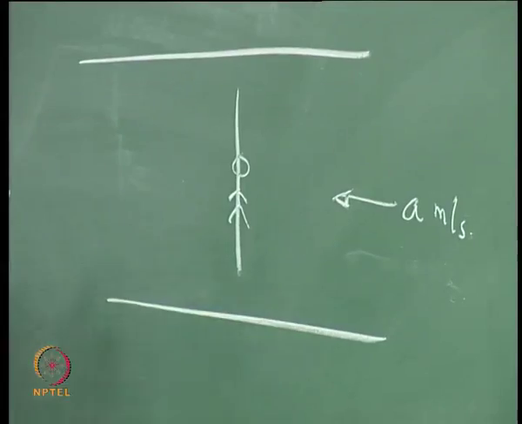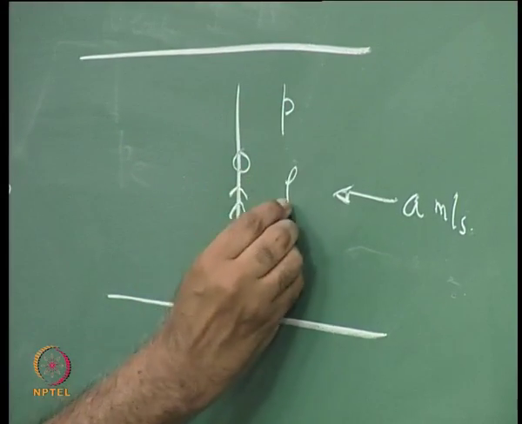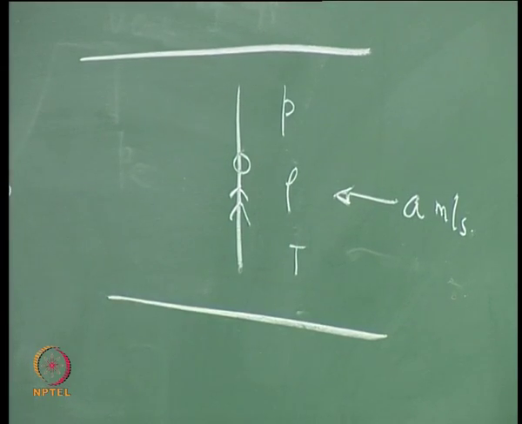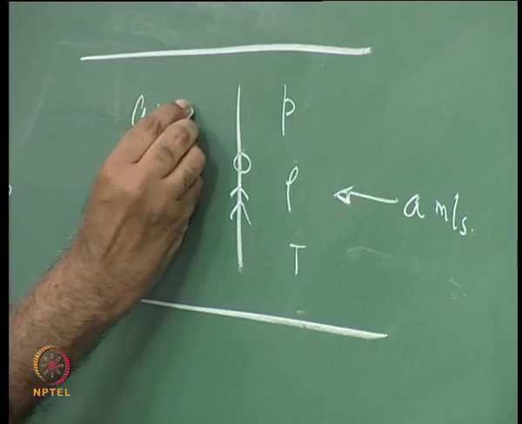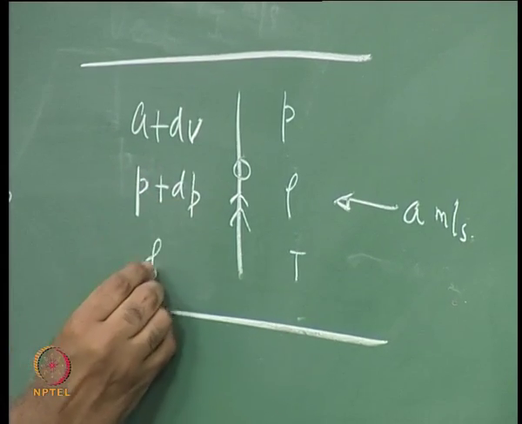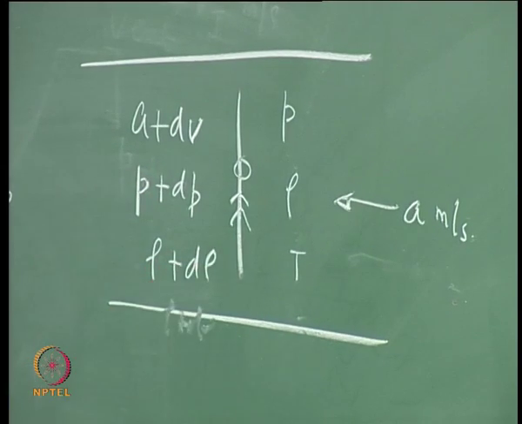Now the conditions here are P, rho, perhaps T, and the velocity is a. When the velocity was 0, I had dV, therefore the velocity here is a plus dV, the pressure is P plus dP, and the density is rho plus d rho.